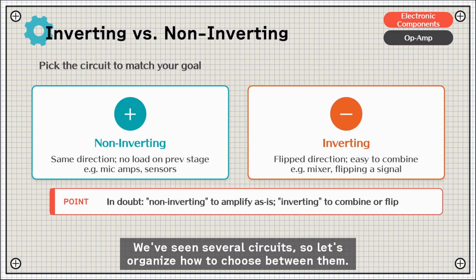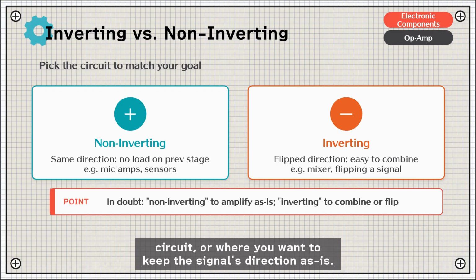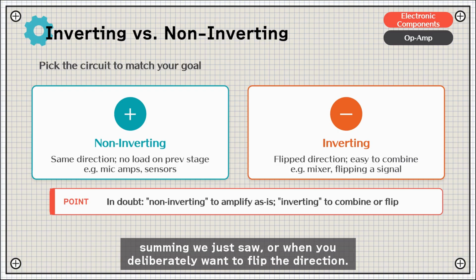We've seen several circuits, so let's organize how to choose between them. The non-inverting amplifier suits cases where you don't want to burden the previous circuit, or where you want to keep the signal's direction as is. The inverting amplifier is used when you want to combine several signals like the summing we just saw, or when you deliberately want to flip the direction.